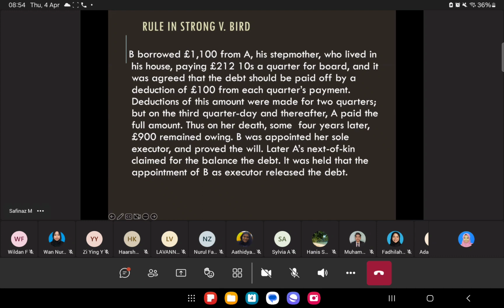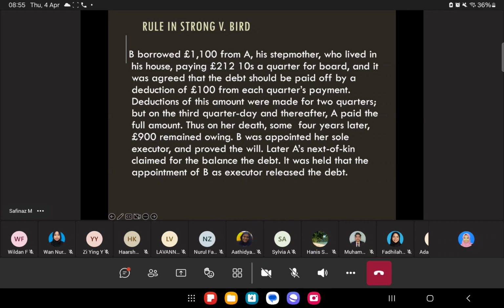Okay, B kat sini borrow money, sum of money £1,100 from A, his stepmother who live in his house. Okay, paying the rent of £212 and 10 shillings a quarter for board. Okay, every 4 months. And it was agreed that the debt should be paid off by the deduction of 1,000 from each quarter's payment.